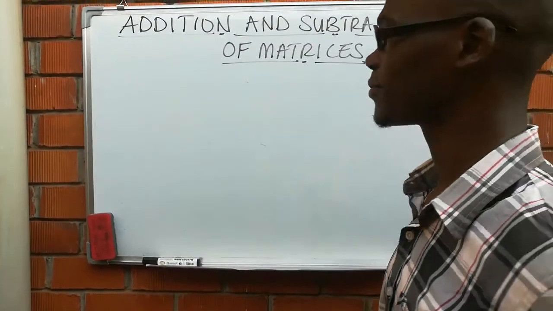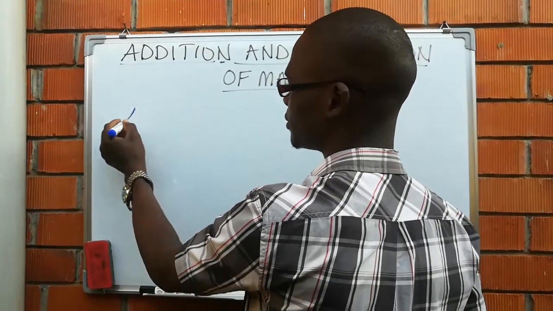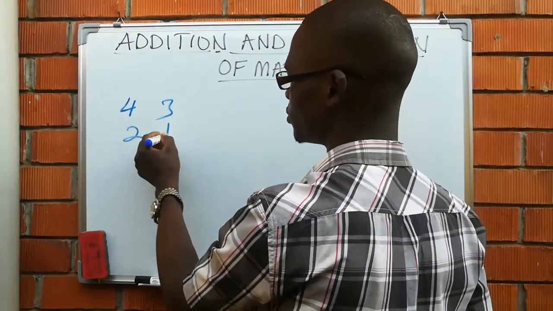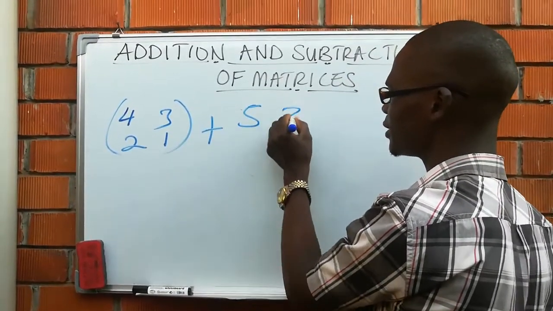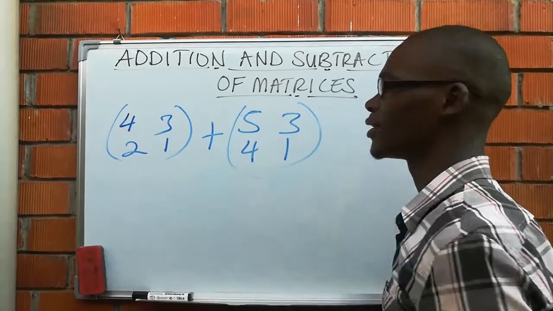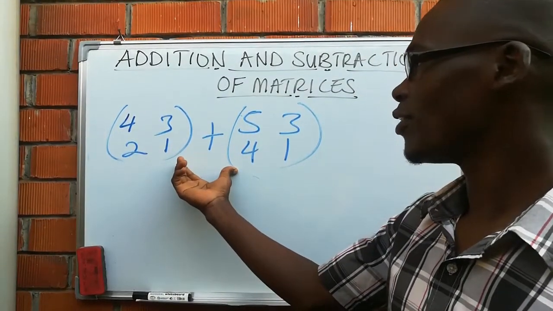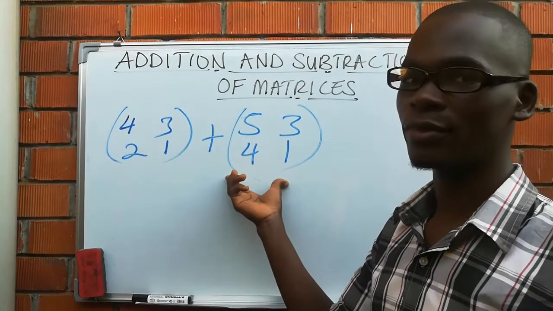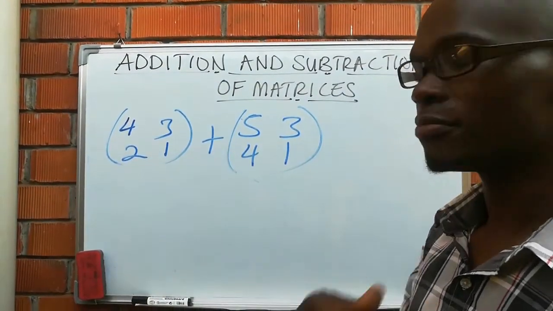For instance, we may have 4, 3, 2, 1 plus 5, 3, 4, 1. These can be added because they have the same order. These are all 2 by 2 matrices.